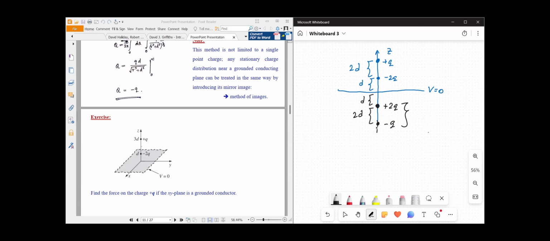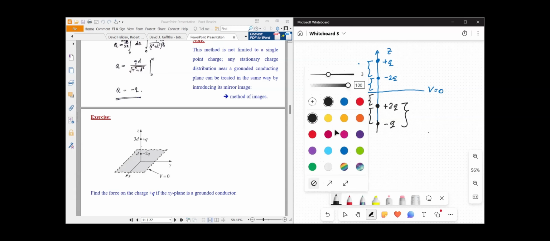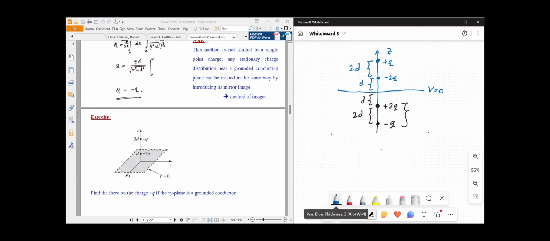It is mathematically the same as having a grounded conducting plane here. Then we just need to calculate the force due to three of these charges on this plus Q.